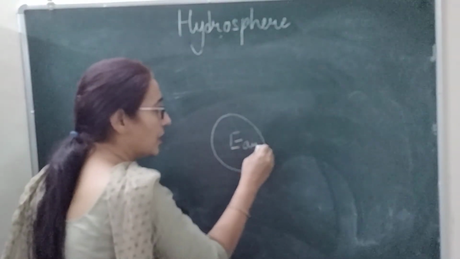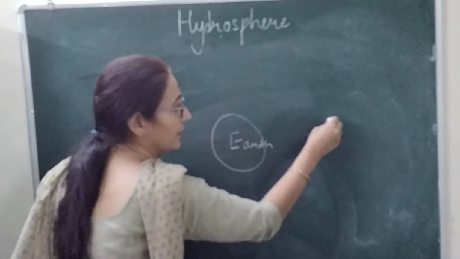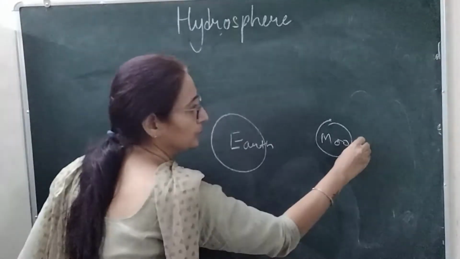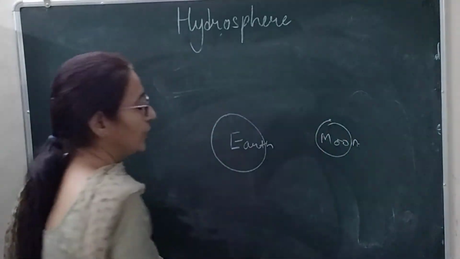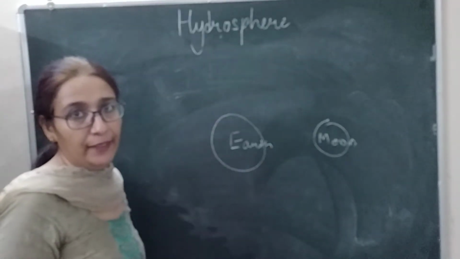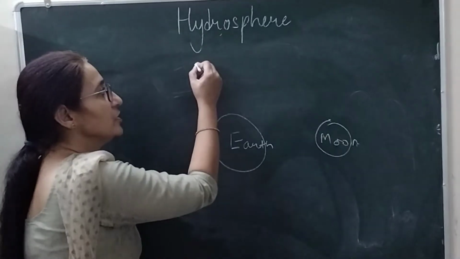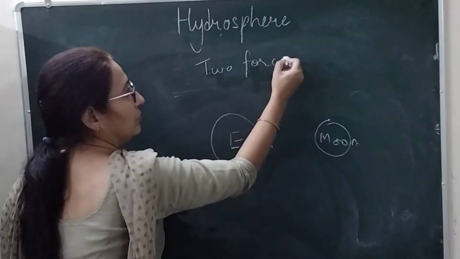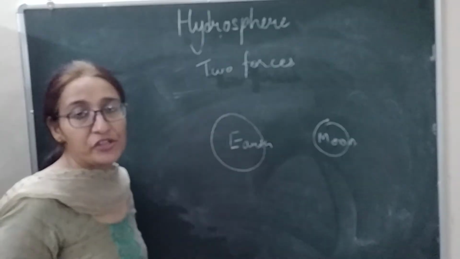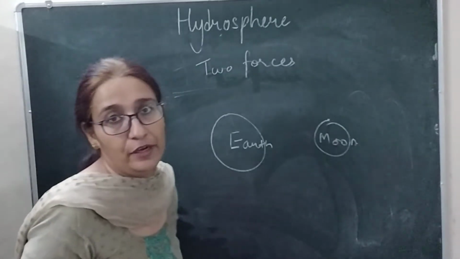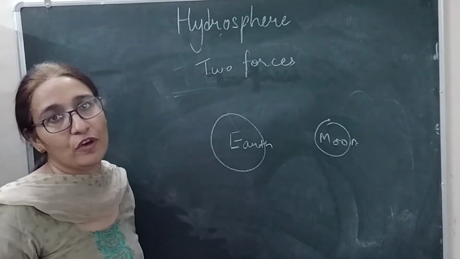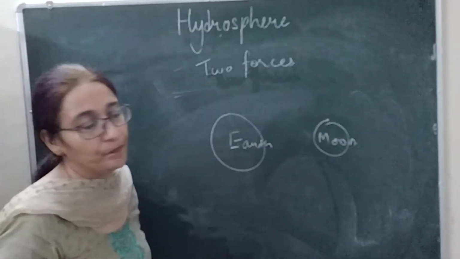Suppose this is Earth and here is the Moon. Now we have to learn one thing, how these two forces, one gravitational force and another centrifugal force, are responsible for the formation of tides.